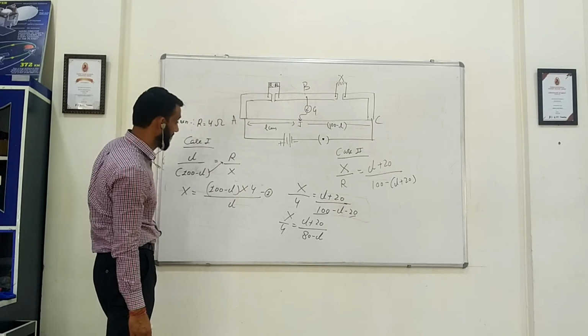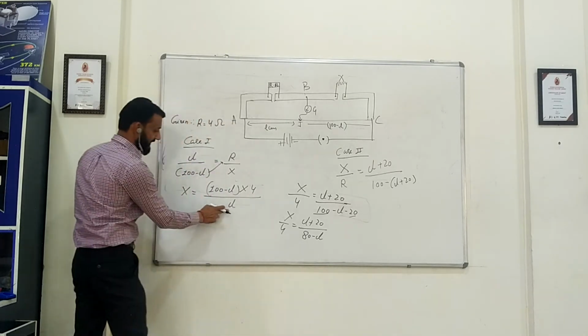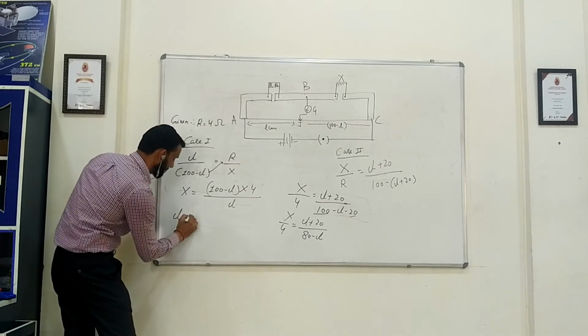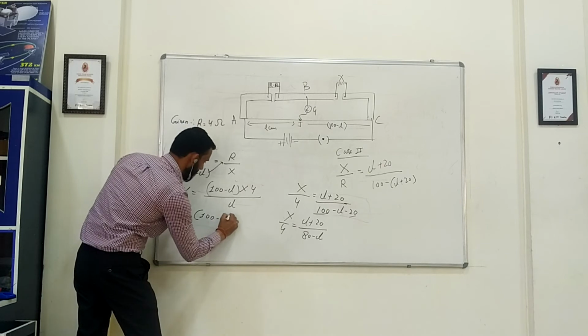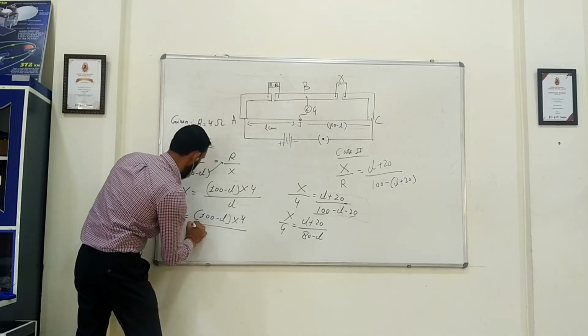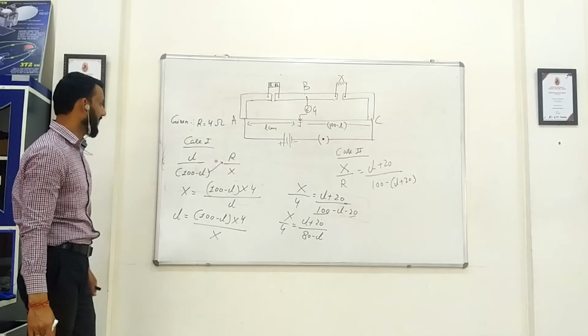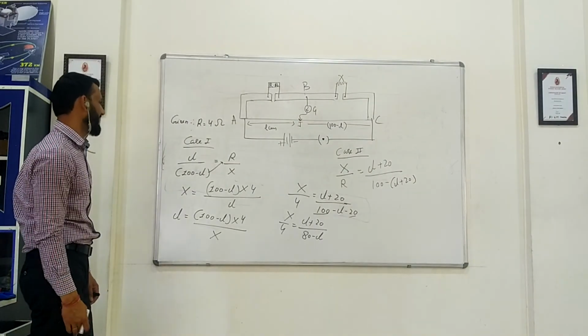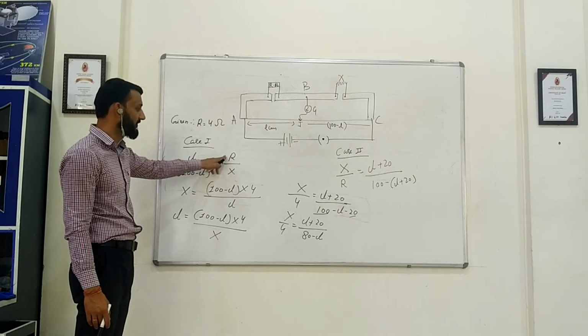We have to calculate the value of X. So from here, what I am doing, guys, I am taking out the value of L. L equals 100 minus L into 4 upon X. I could actually equate this in terms of R upon X also.